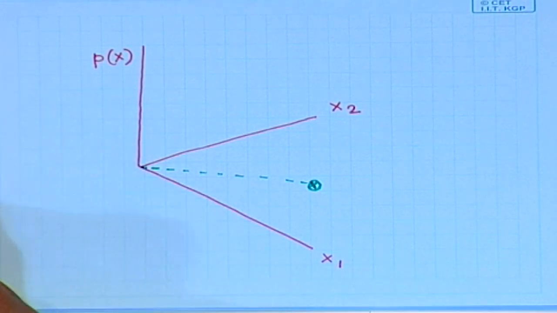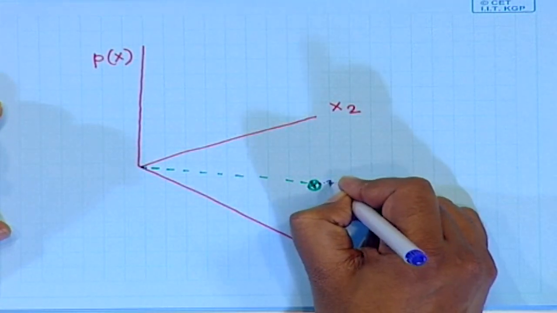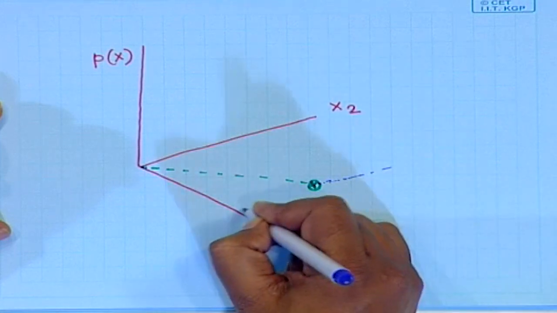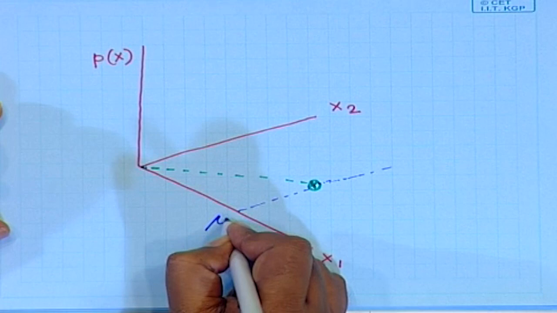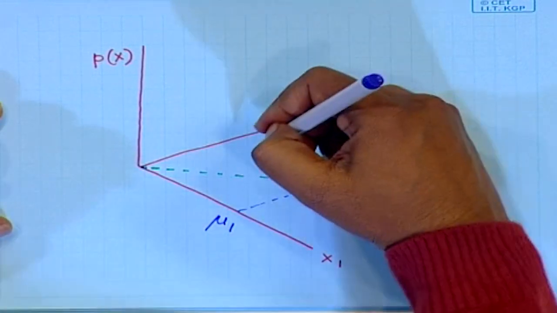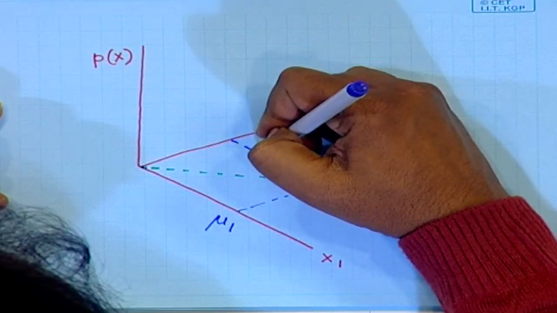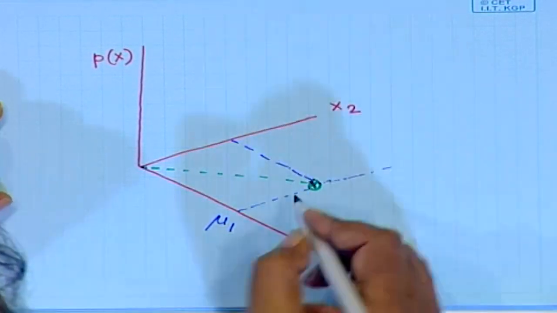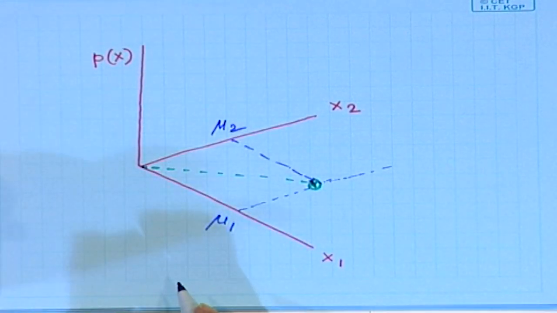So this is the location of mu1 and this is the location of mu2. Is that okay?